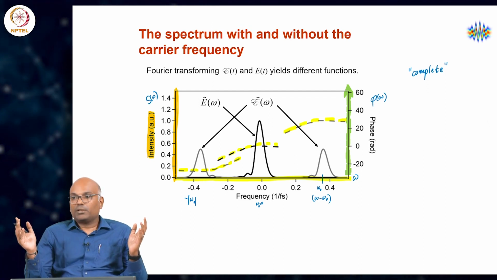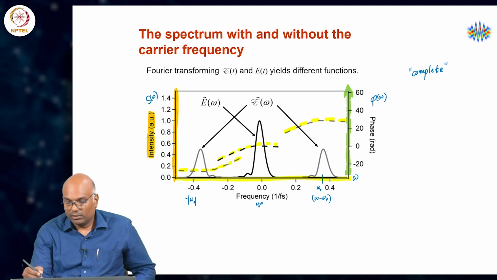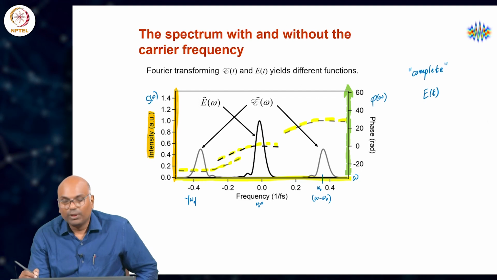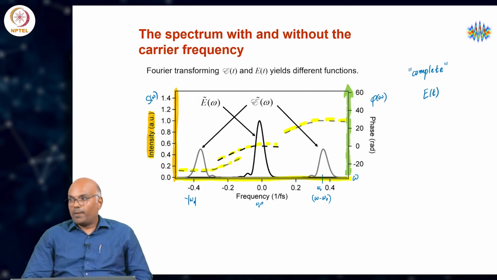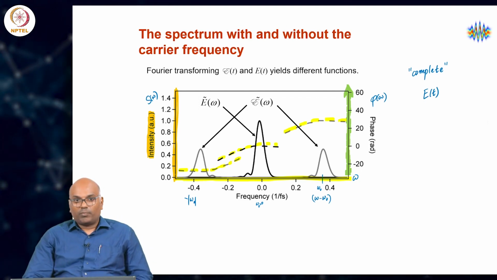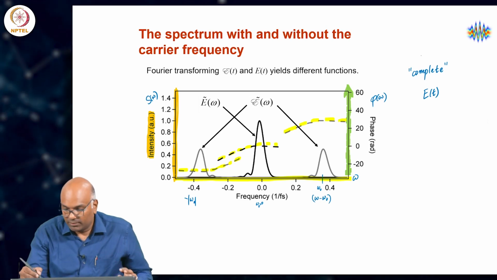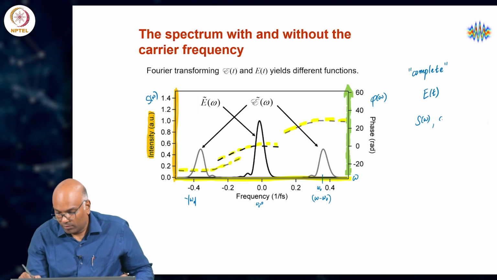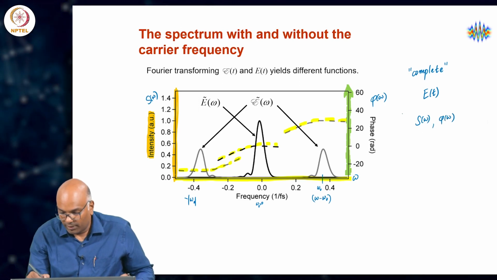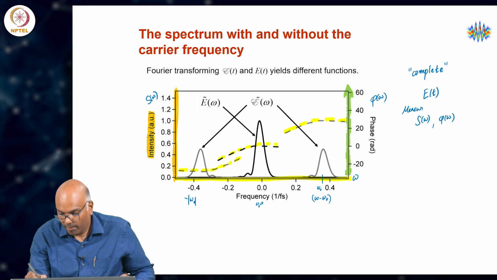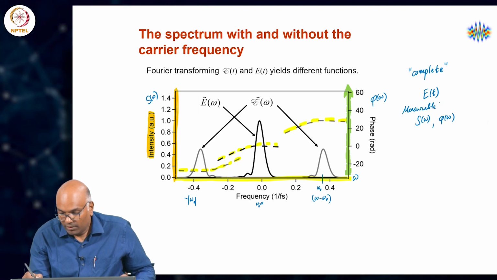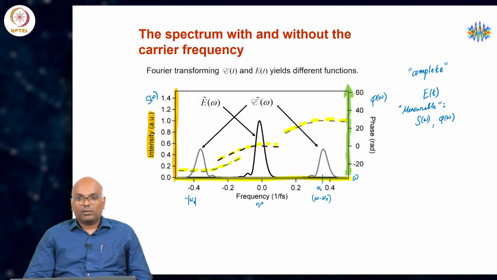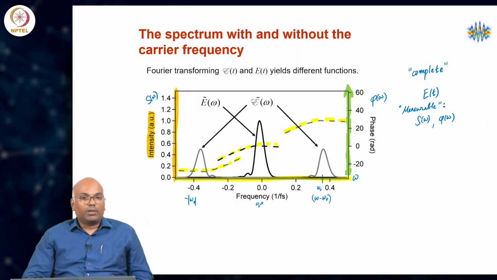It's a complete description. It is equivalent to knowing or seeing E of t. It's just that measuring the combination S of omega and phi of omega is infinitely more measurable than E of t directly at our petahertz frequencies.